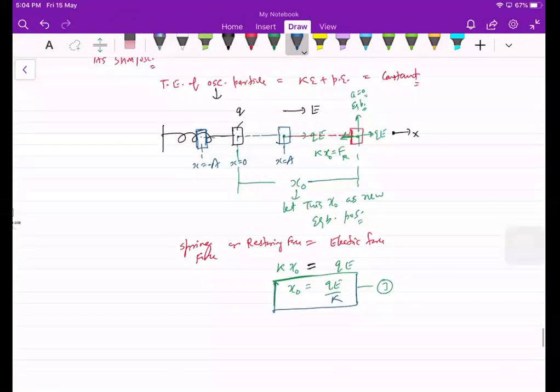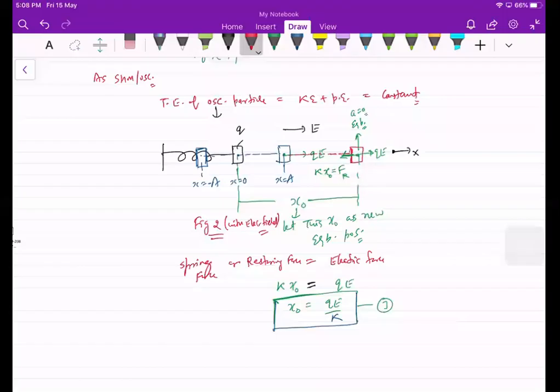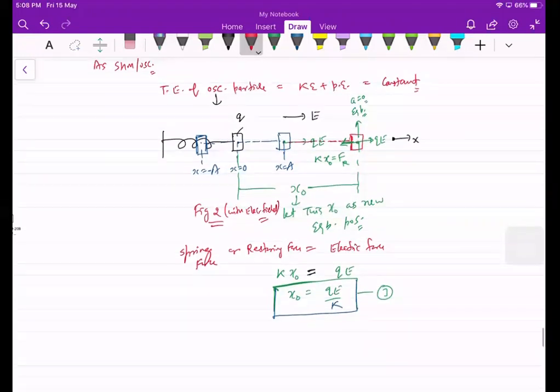So you see in this figure, make figure number 2, with electric field. So students, now we have question number 3 with a new equilibrium position after applying the electric field.